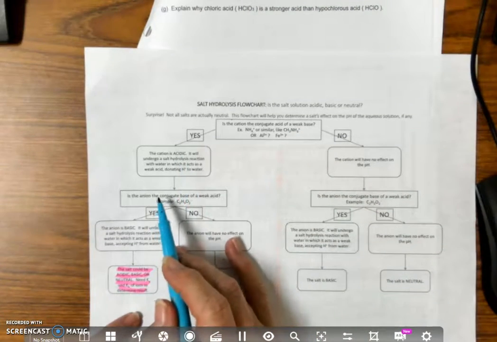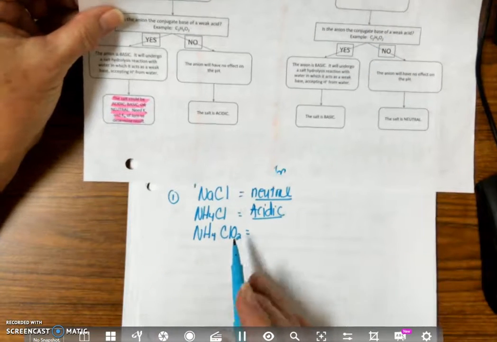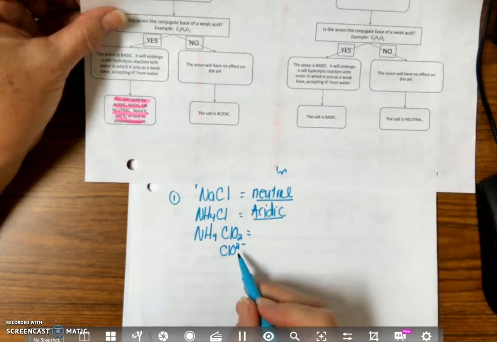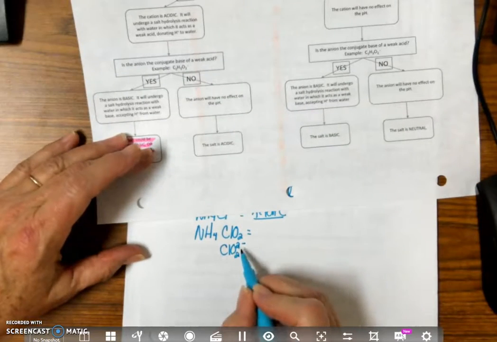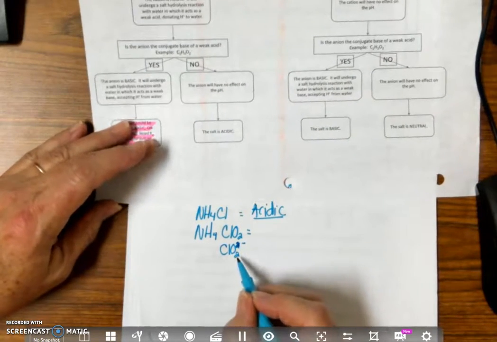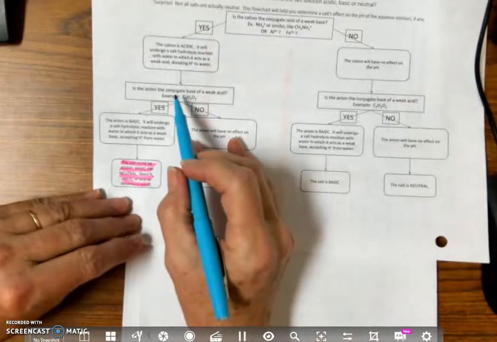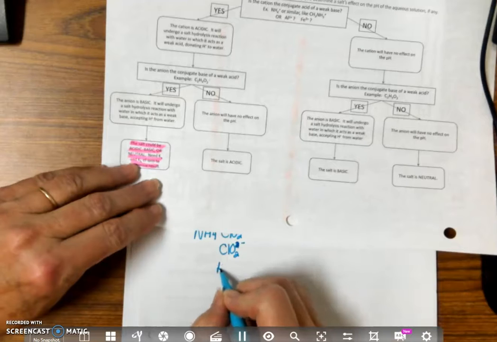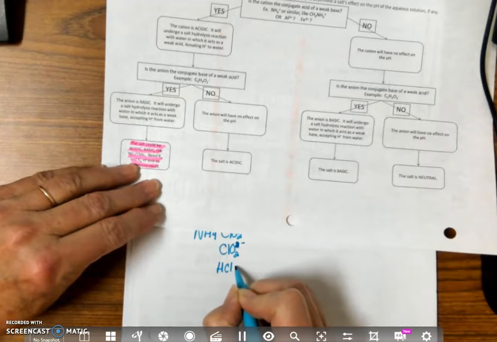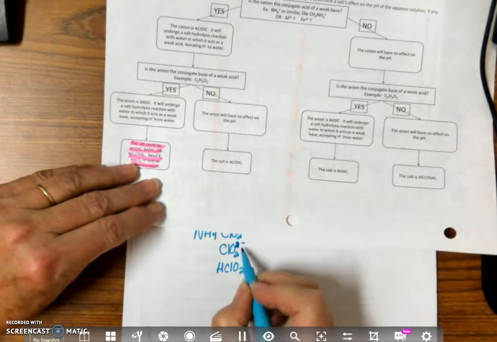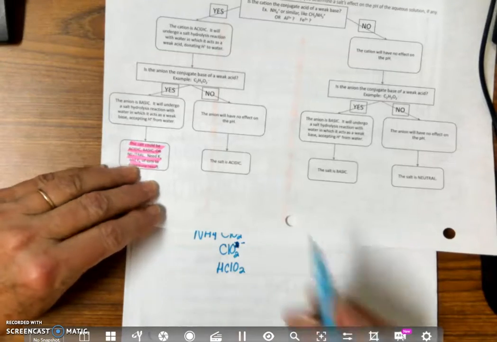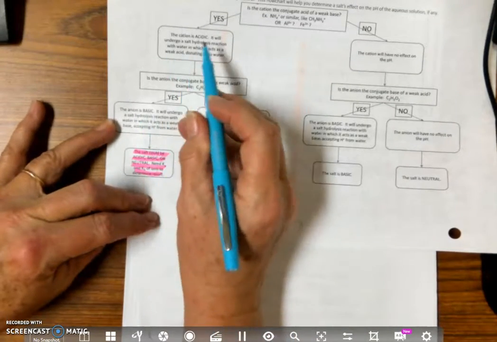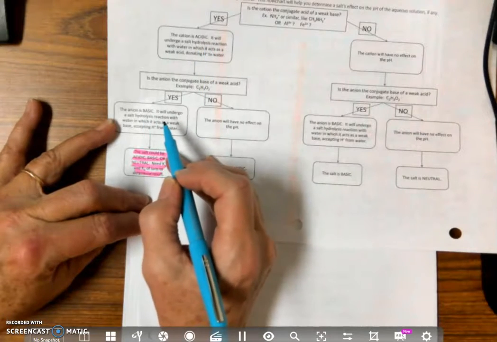Now, however, the anion would be ClO2 minus. Sorry, I put the 2 in the wrong place, didn't I? This is the conjugate base of a weak acid. So I'm over here. Now what that means is my cation is acidic and my anion is basic.